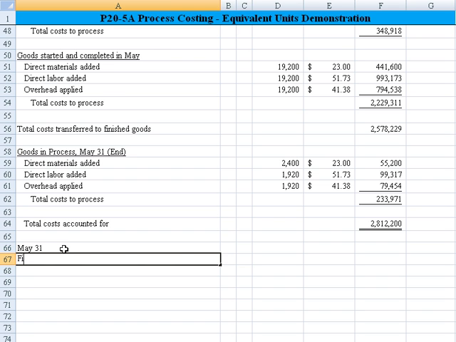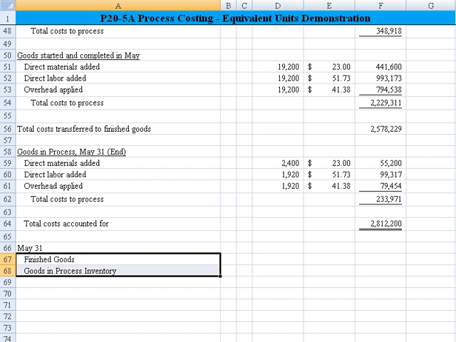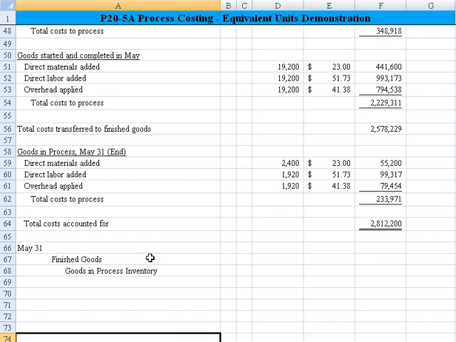But we would have a debit to finished goods and a credit to the goods in process inventory for the goods completed. Now let's indent both of these a little bit so you can see what the entry is. One's a debit, and I'll indent this one a little bit more to show the credit.